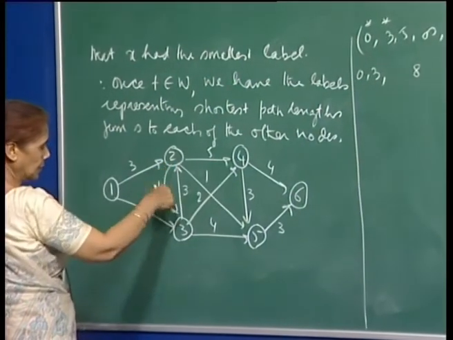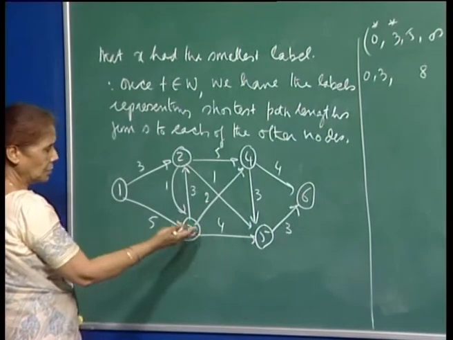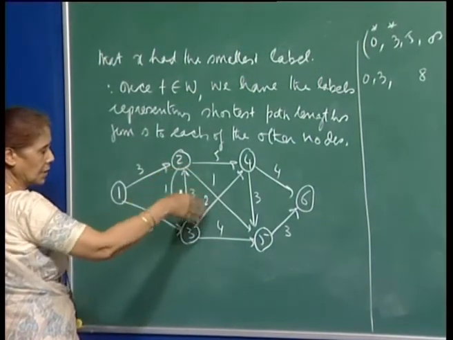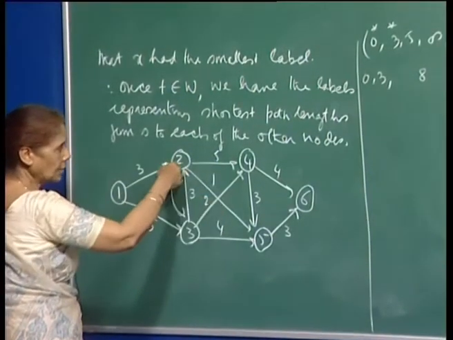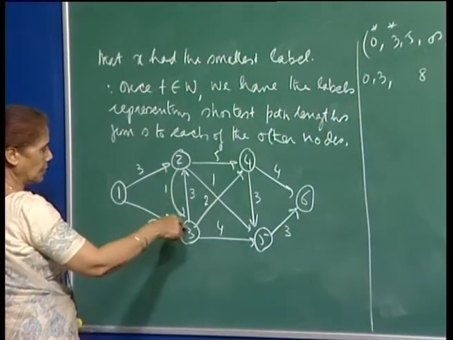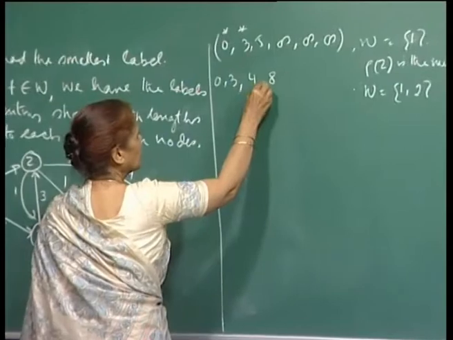From 2 you can come to 3, and the distance is 3 plus 1, 4. And I don't have to do the minima, because I know that the others are all Cijs positive. So I cannot come back to 3 from 2 by any other route. So these are the only possible ones. So therefore 3 plus 1, 4. So this one also gets updated to 4, right?